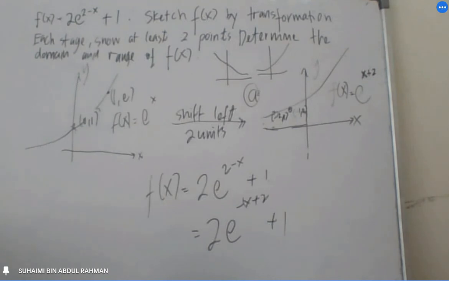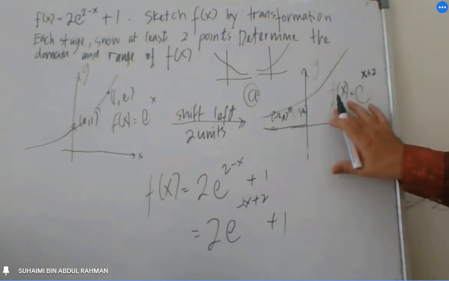Sir, I think the second graph is wrong. It's supposed to be x minus 2, because later when we make it negative, we get 2 minus x. You mean this one?